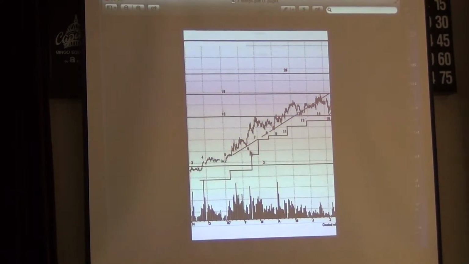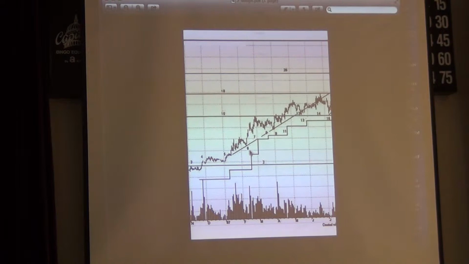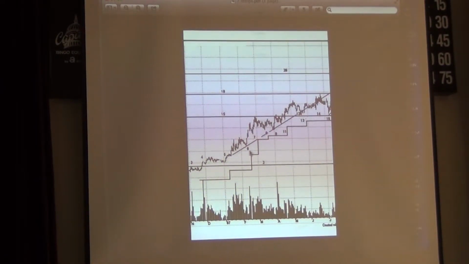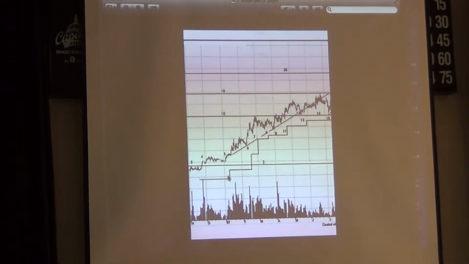This particular slide shows a method which was developed by John Magee, and which I adapted and further developed, in which a system of stops is put in according to the wave lows in the market.